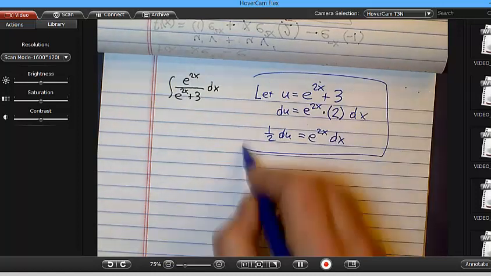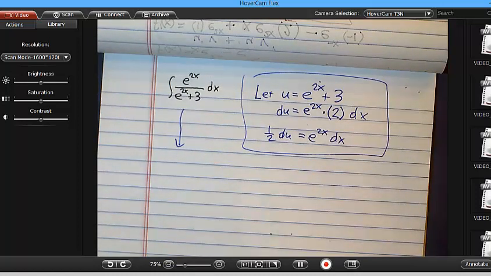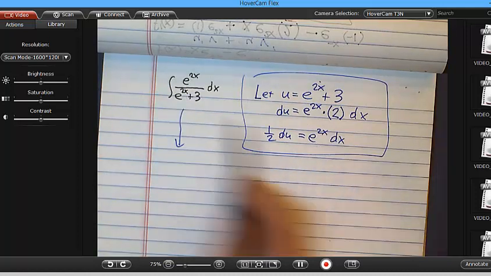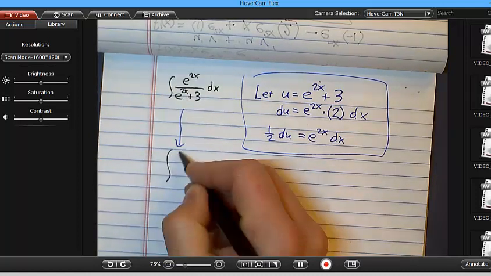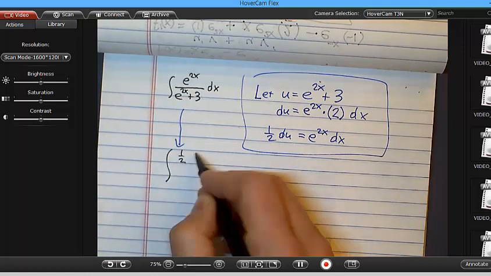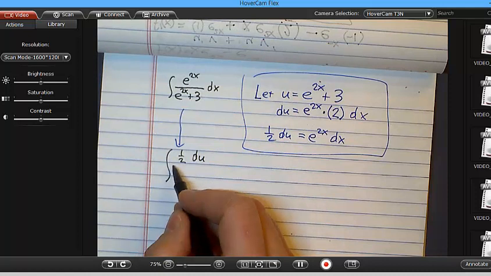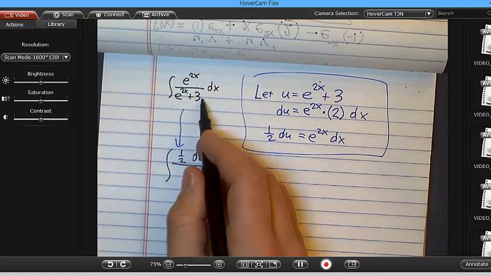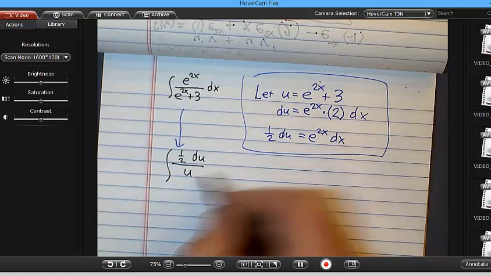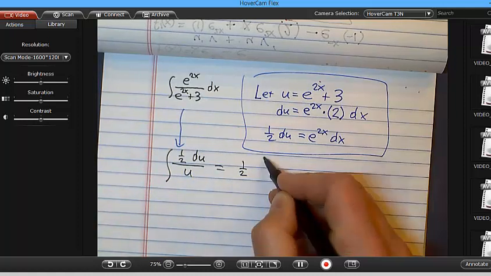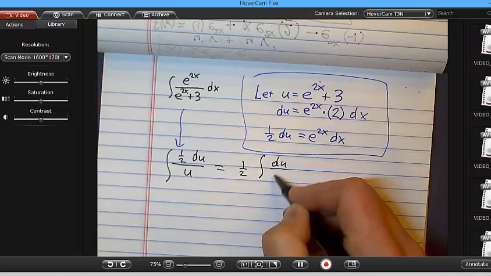So all this thought goes into transforming this into the following integral. Where it used to say e to the 2x dx, I now have 1/2 du. And where it used to say e to the 2x plus 3, I have u. So really, this is 1/2 integral of du over u.